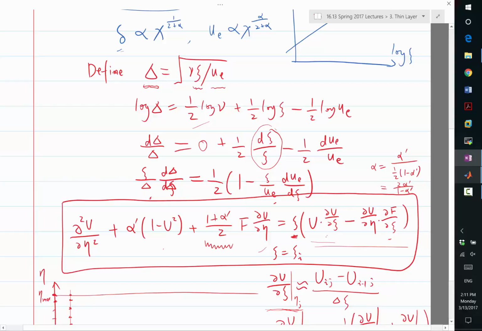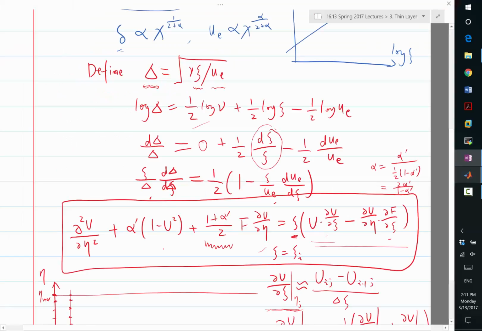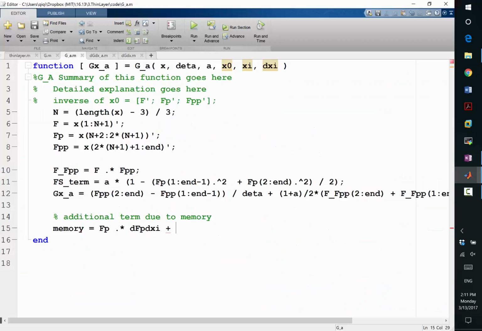Minus du d eta times f of eta. So I actually called u to be fp, right? So dfp dc plus du d eta, which I called fpp, times df dc. All right. Minus. Thank you.